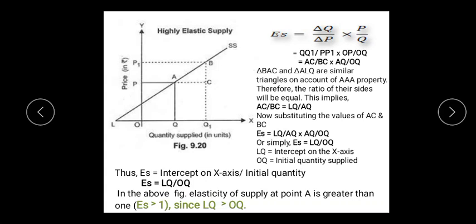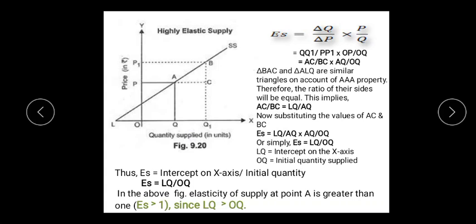By putting these values in the formula, we get elasticity of supply equal to, instead of del Q, we write QQ1, instead of del P, we write PP1, instead of P, we write OP, and instead of Q, we write OQ. So elasticity of supply is equal to QQ1 divided by PP1 into OP divided by OQ.